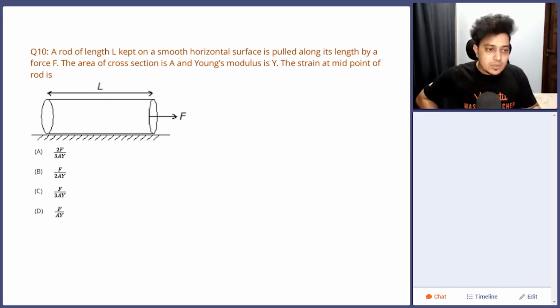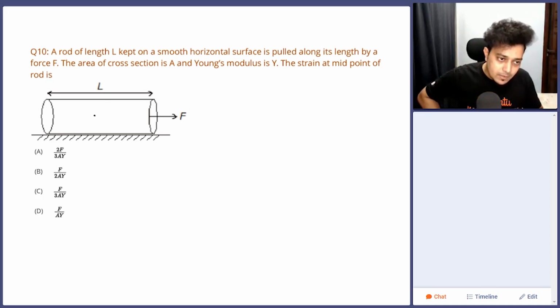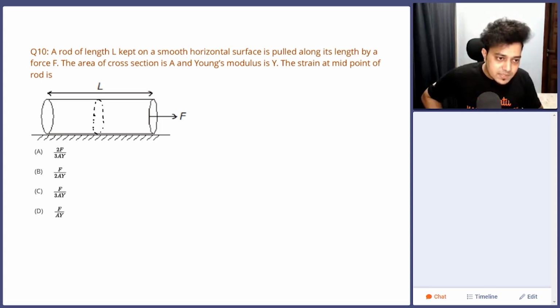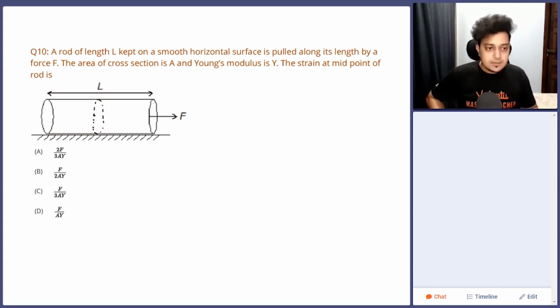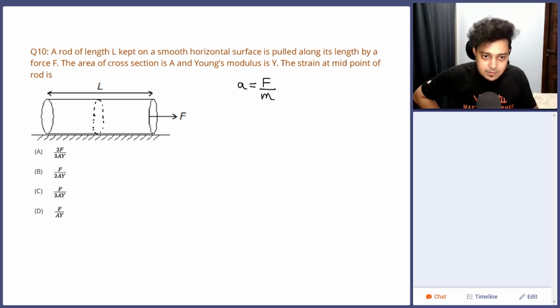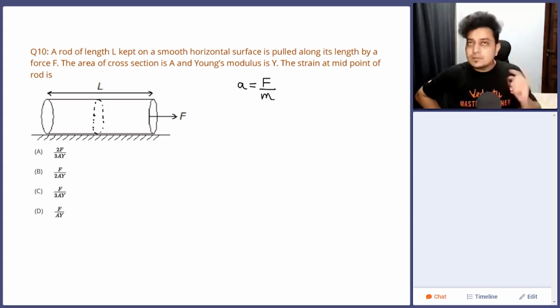So if they want us to solve for the midpoint, if I focus on the midpoint here, and I want to find how much force is there at this particular cross section, what we can do is treat this as two systems of blocks, and if I go for the entire combined system, then the acceleration will be force divided by total mass. That will be the total acceleration.